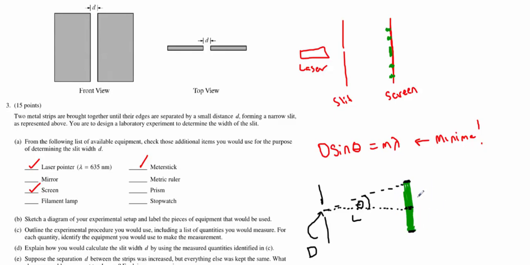Or another way of thinking about it is if I measured this distance, like I said I was doing with the meter stick or the ruler, half of this distance is what we need to use in our equation.